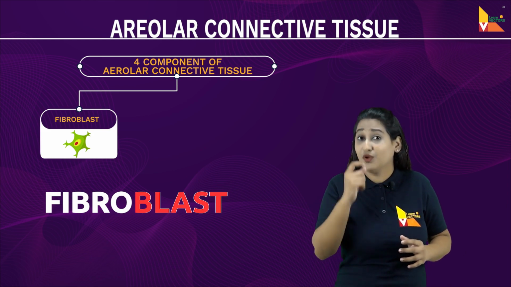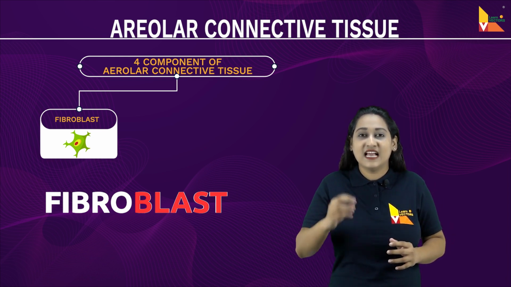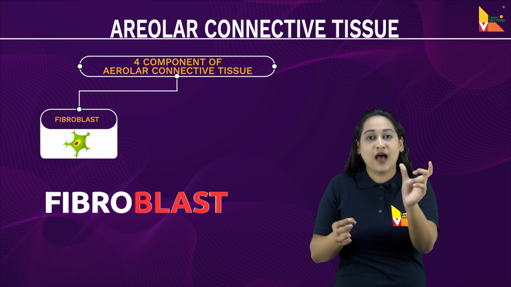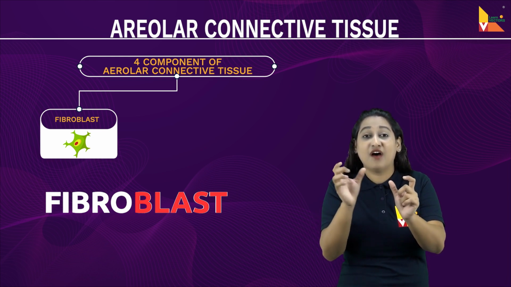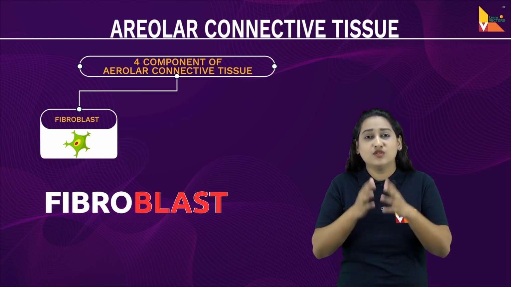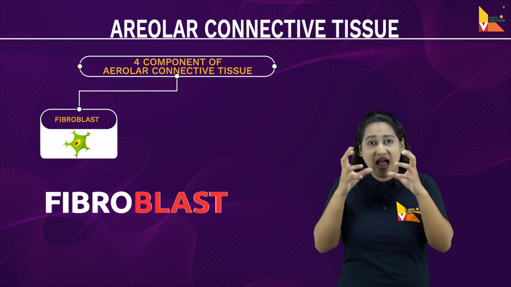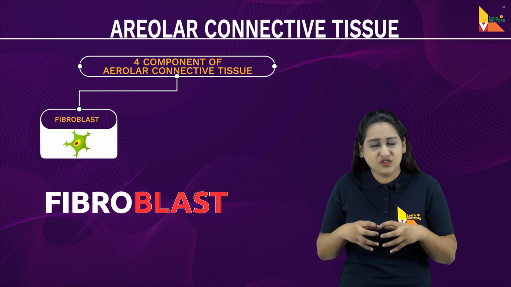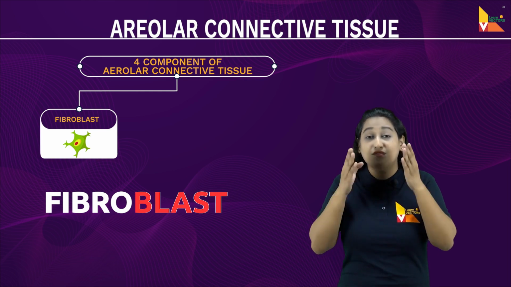cells. This blast term is representing dividing cells. Fibroblast, fiber cells which are dividing. These cells are large with a nucleus and a star-shaped structure. You can also say that these are branching processes.